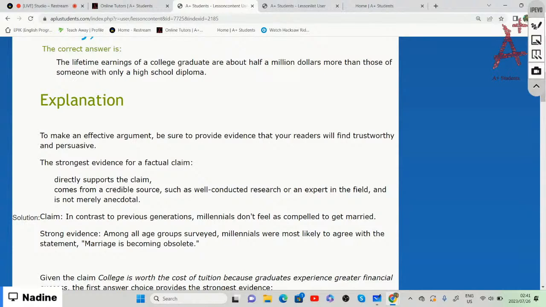Strong evidence, especially based on millennials not feeling as compelled to get married. So if we look at the strong evidence, because remember we said you need to have your evidence: amongst all groups surveyed, millennials were most likely to agree with this statement, "Marriage is becoming obsolete."